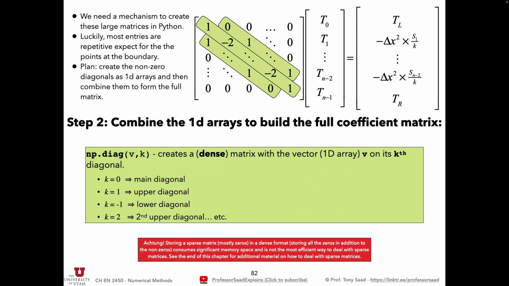There are notes at the end of the slides that I don't cover in this class, but for your own future, on how to store matrices in a sparse way. That saves a lot on storage. But we're not going to worry about that right now. Just be warned that np.diag is convenient, nice and easy, allows us to solve the problem, and it's very effective for the scale of problems we're solving here.